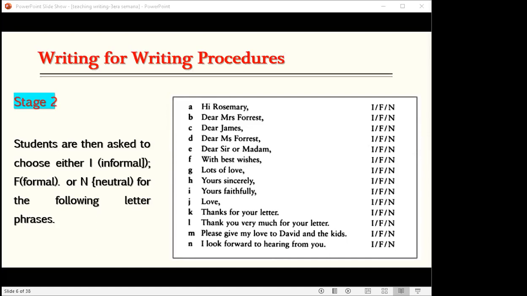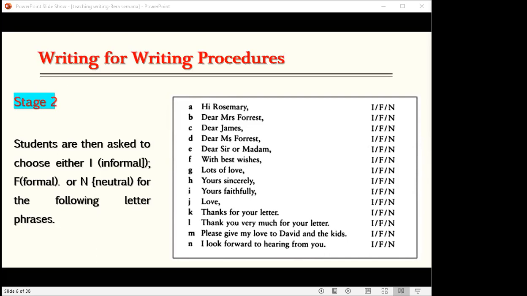Okay, yes, a formal letter. Yes, you're right. But this is what they are going to do, no? This is what they are going to do. But what is the purpose? Remember, identify. Identify what? What are they going to identify? Greetings and farewells from a letter, from a formal letter.